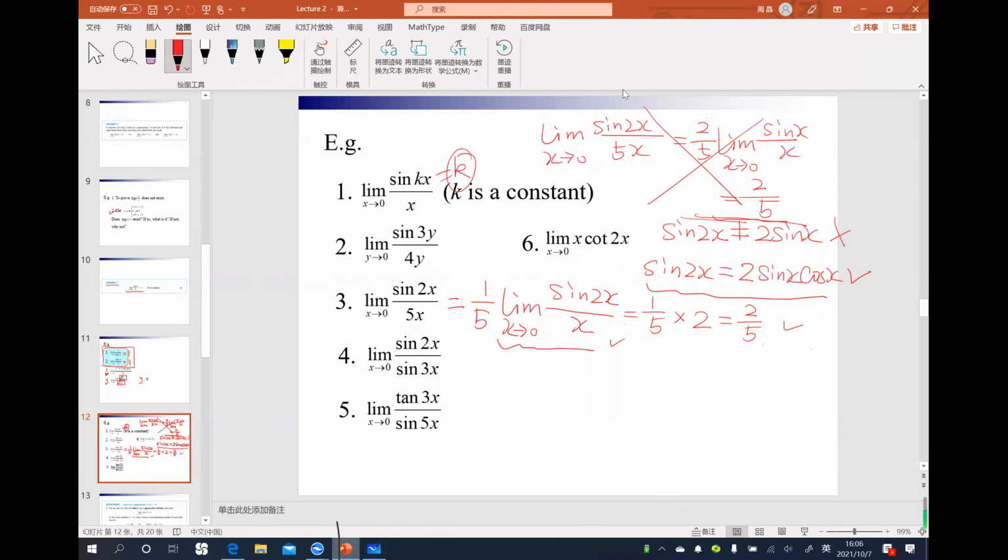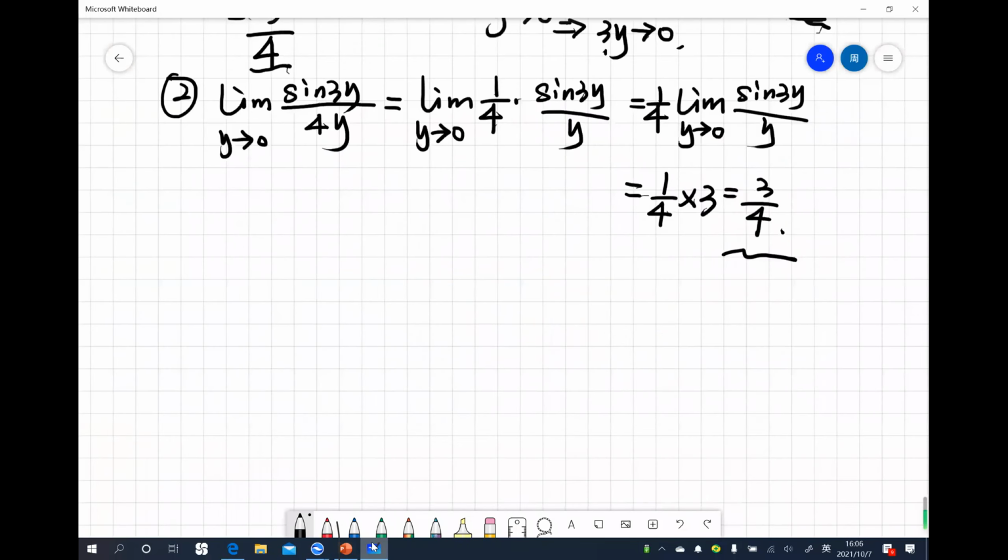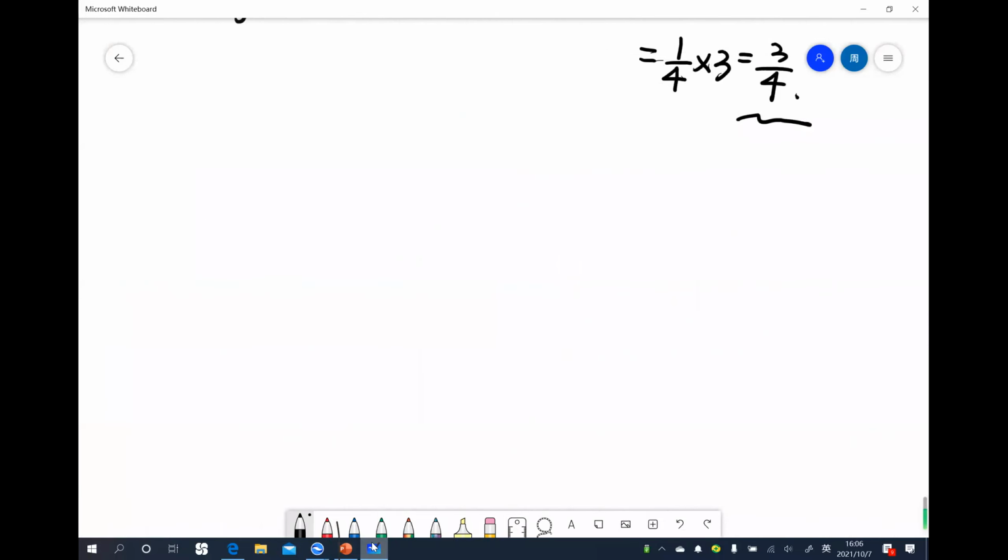Okay, so we will solve number 4 and number 5 here. Okay, question number 4: the limit of sine 2x by sine 3x as x approaches 0.